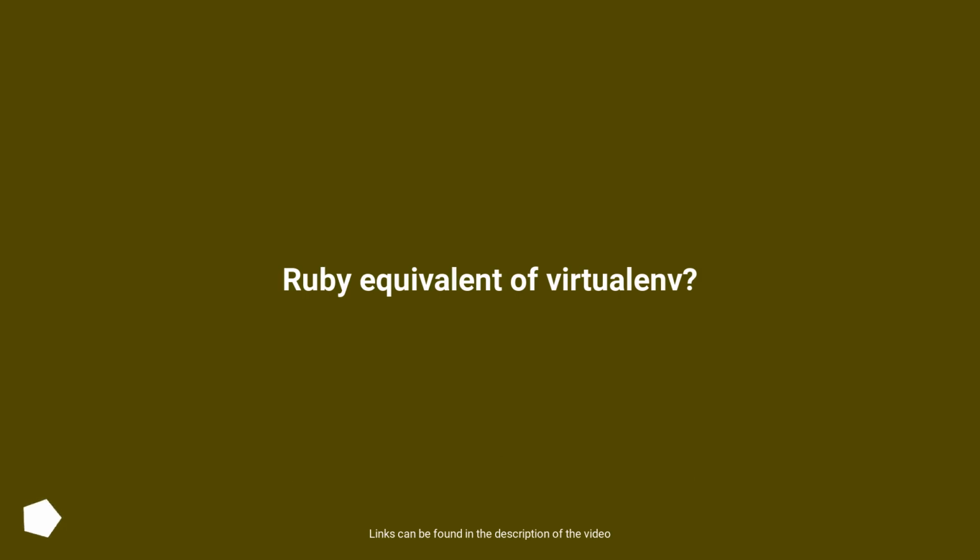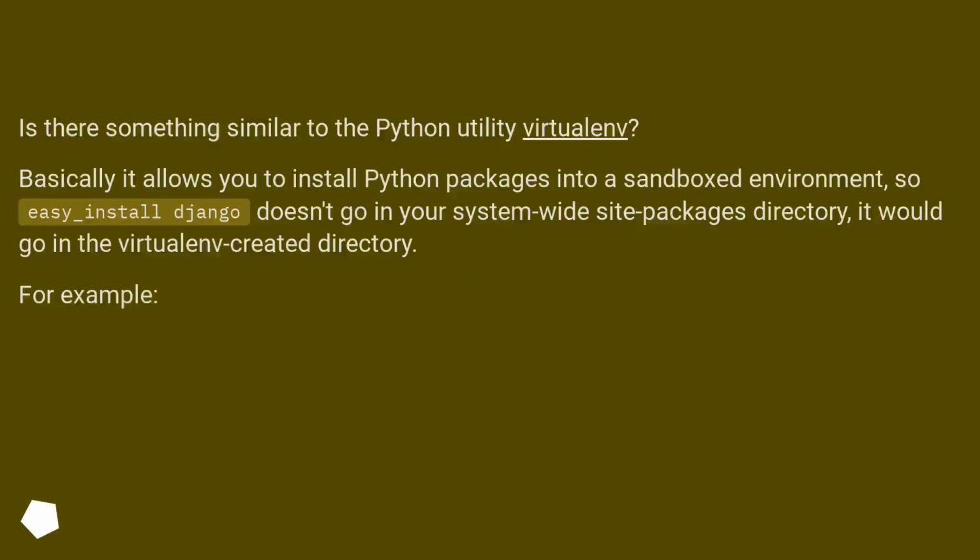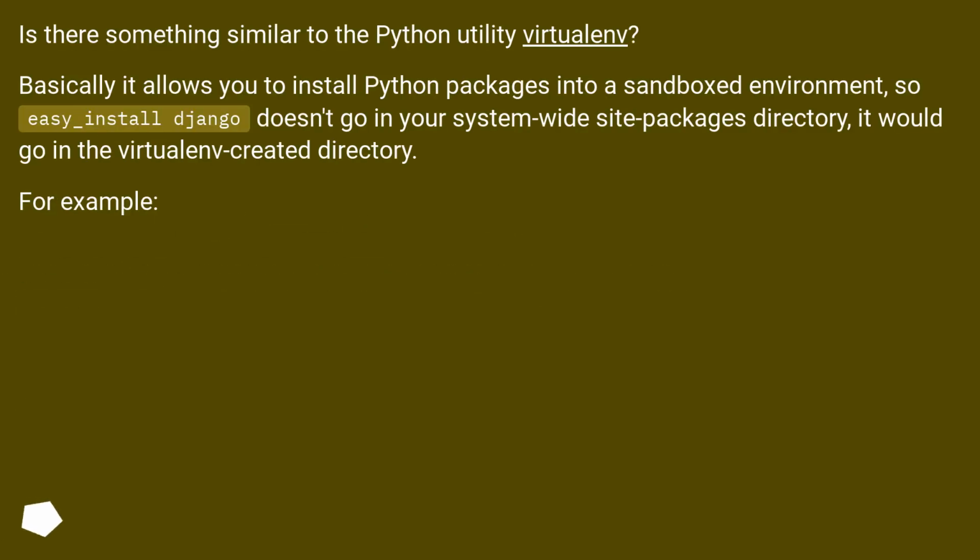Ruby equivalent of virtualenv. Is there something similar to the Python utility virtualenv? Basically, it allows you to install Python packages into a sandboxed environment, so easy_install Django doesn't go in your system-wide site packages directory. It would go in the virtualenv created directory.